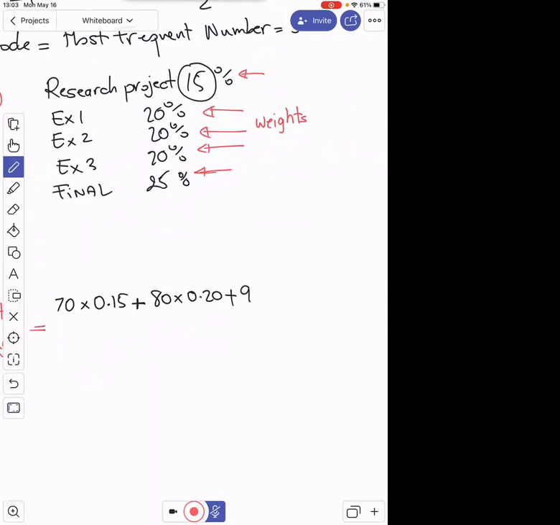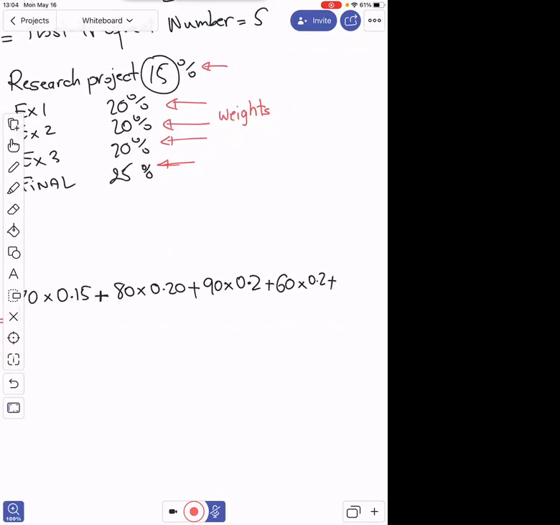So that's plus 90 times, and the second exam is worth 20%, so times 0.2 again. Third exam, it's 60 times, again, 0.2. And the final is worth 25%. He got 82 on the final. So that's 82 times 0.25.